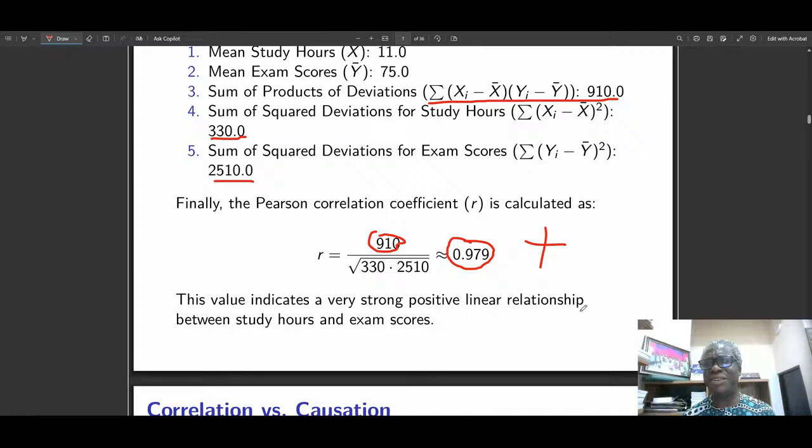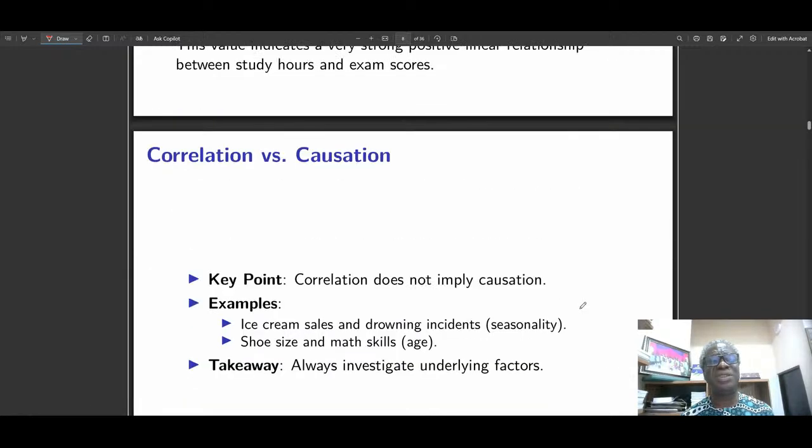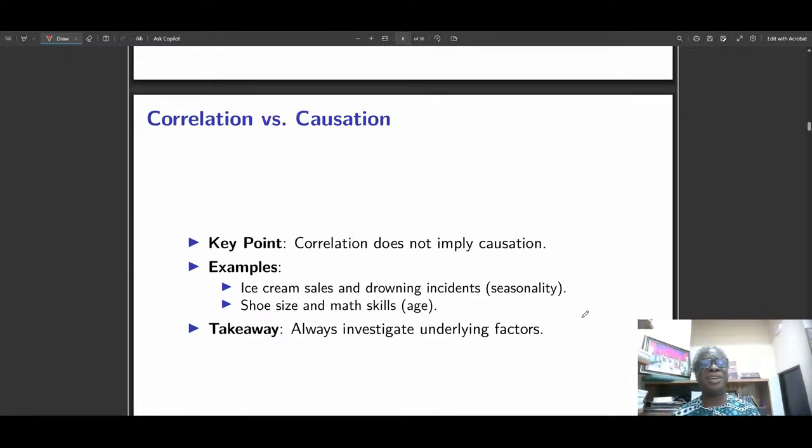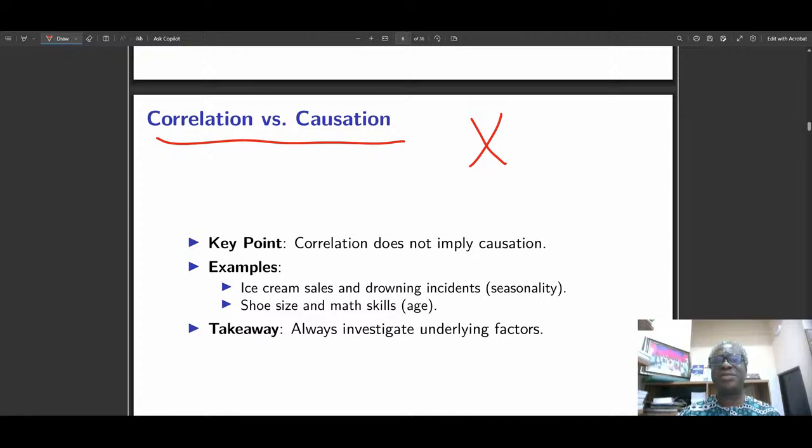Now that takes us to one critical issue, and that is correlation versus causation. Correlation is actually talking about you have X, you have Y. Just, let's say, these two variables. So it's about, is there a relationship?